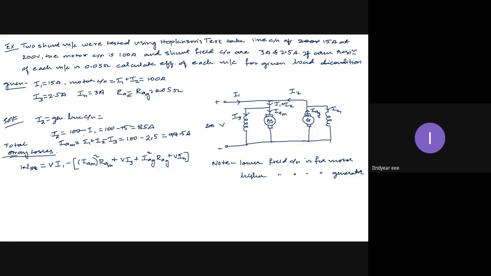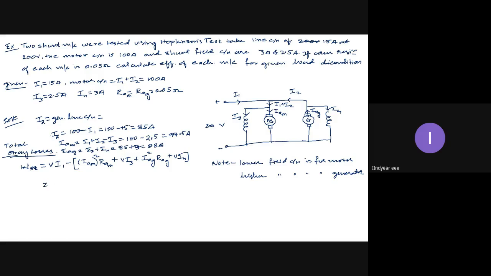IAG is equal to I2 plus I4, so that is 85 plus 3. It is 88 amperes.